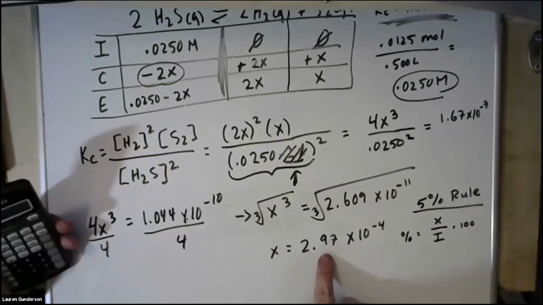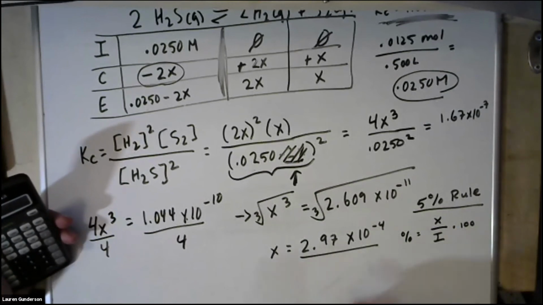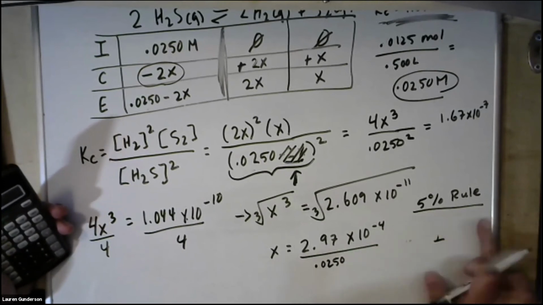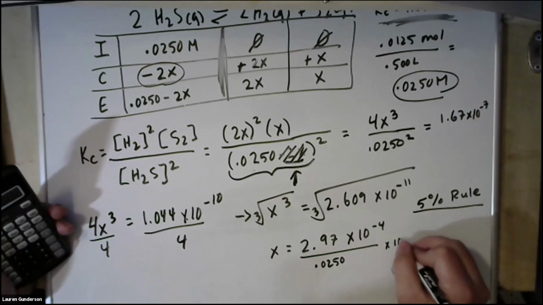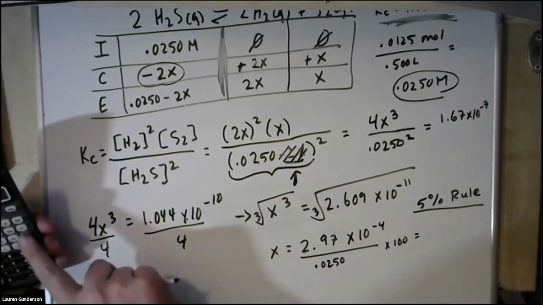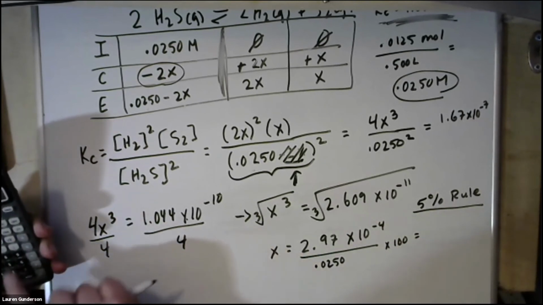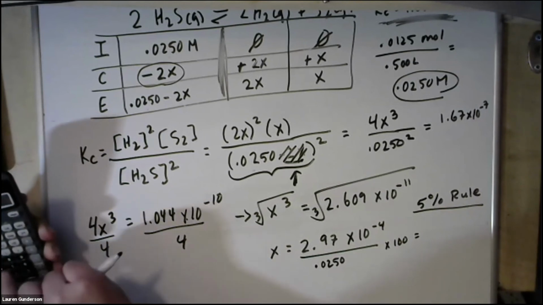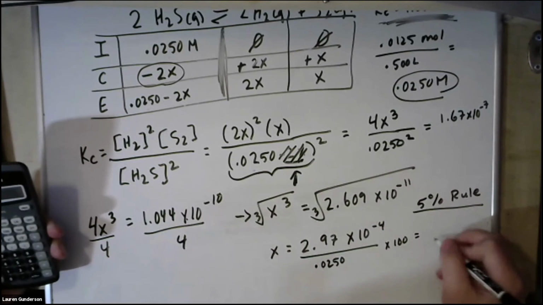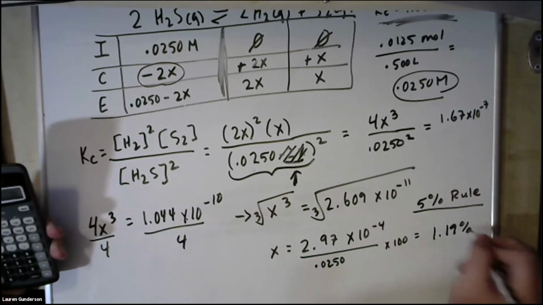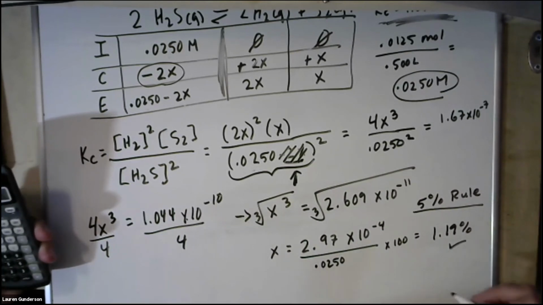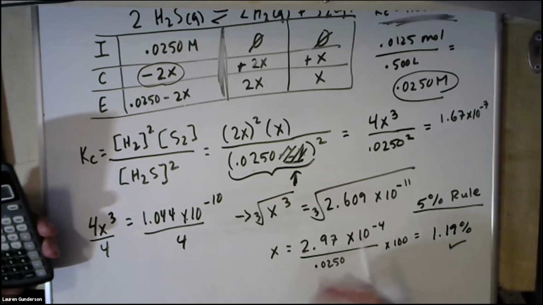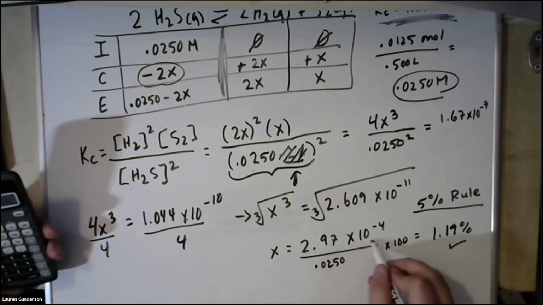So we're going to take this x value, divide it by 0.0250, and then multiply it by 100. Okay, and we get 1.19%.